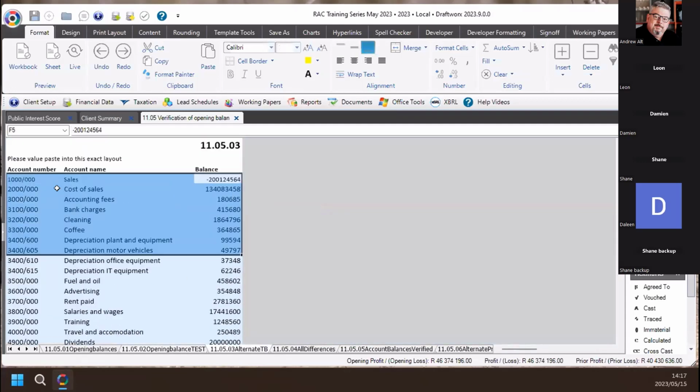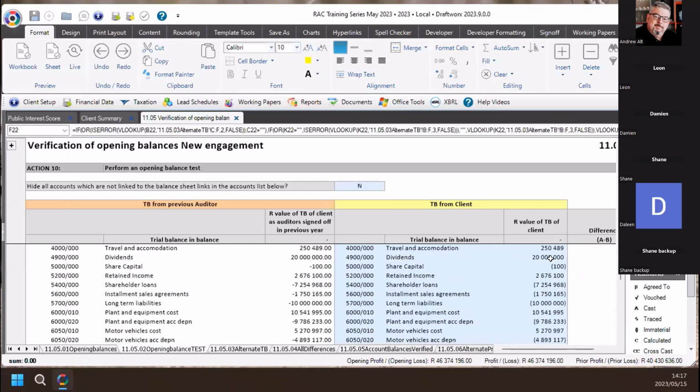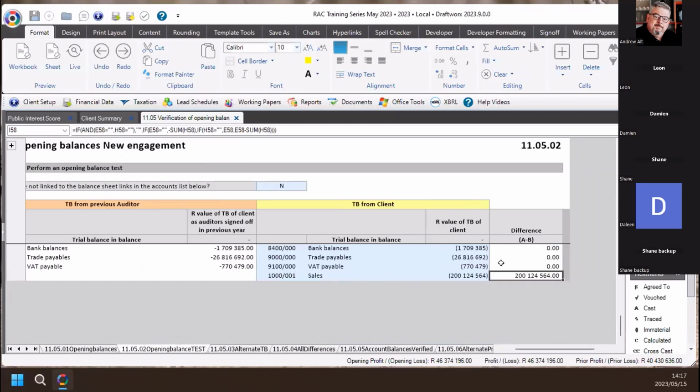If I go and, for instance, change the sales GL account number to 001 and go back to this test, it's now going to see that it doesn't have a match for sales. And it'll go and add it at the bottom of the alternate TB comparison and show that there's a difference. So we do very specifically look at the format of the actual GL account.